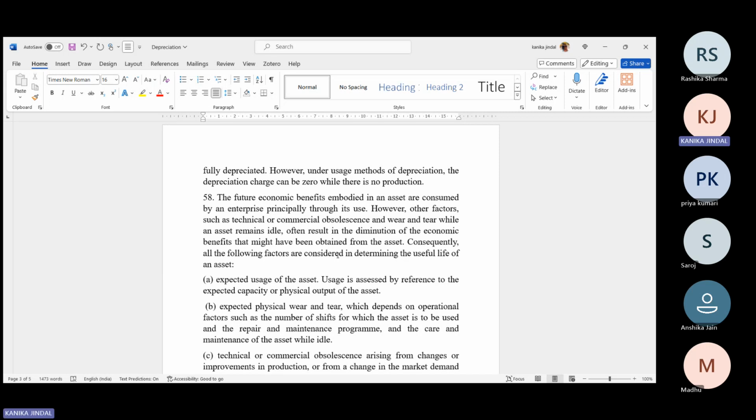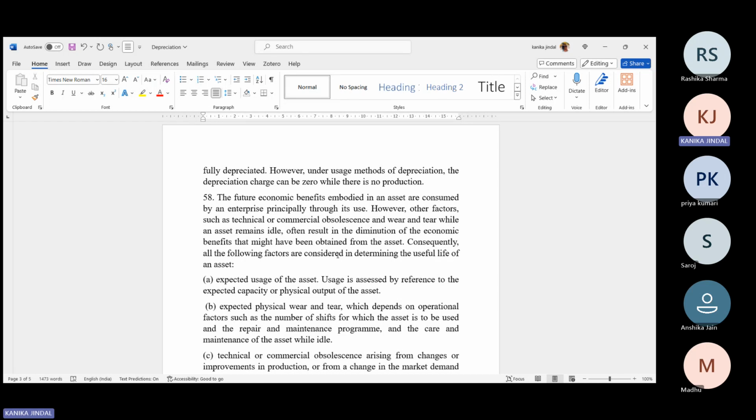However, other factors such as technical or commercial obsolescence and wear and tear while an asset remains idle often result in the diminution of the economic benefits that might have been obtained from the asset. तो asset का actual economic benefit कैसे मिलता है एक owner को, through its use. लेकिन और जो factors हैं जिसकी वजह से उसकी value कम हो रही है, asset को idle छोड़ दिया या फिर wear and tear हो गया या फिर उसकी टेक्नोलॉजी पुरानी हो गई, तो उस केस में we cannot do anything.